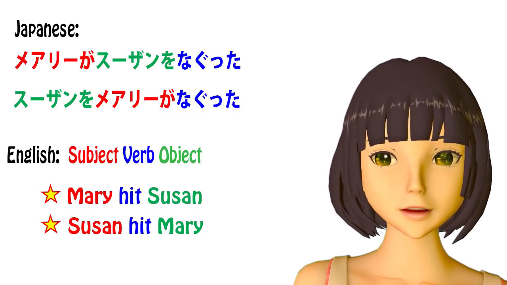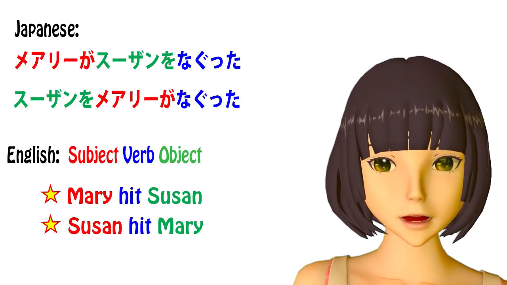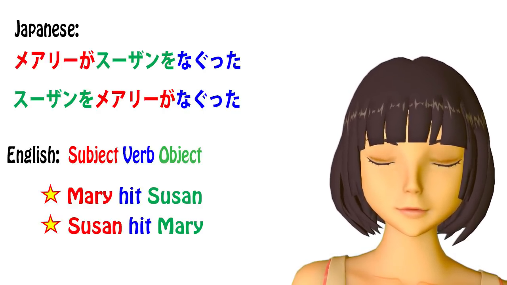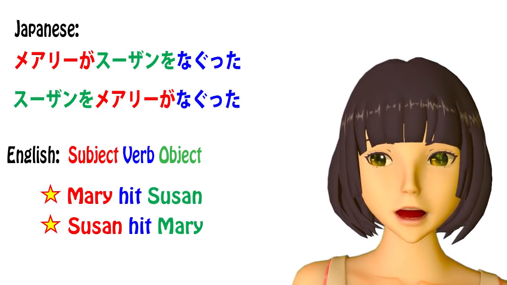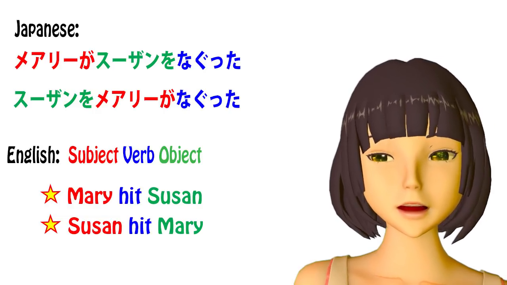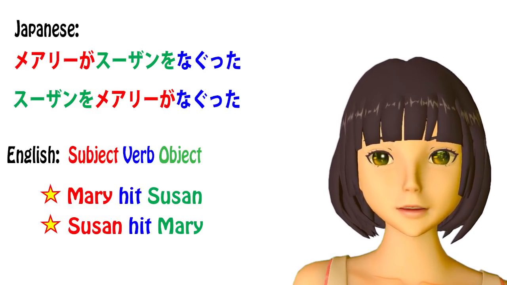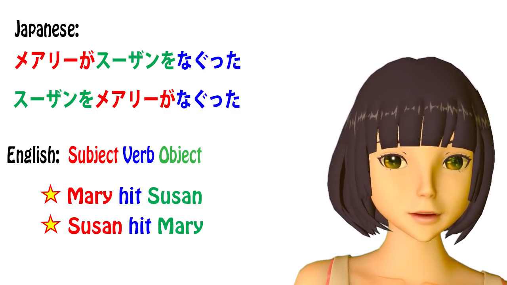So the important thing in this sentence is not which order we have Mary and Susan, but which one is marked by ga and which one is marked by wo. So this talk of a subject-object-verb language is nonsense. It doesn't actually matter which order you put them in.